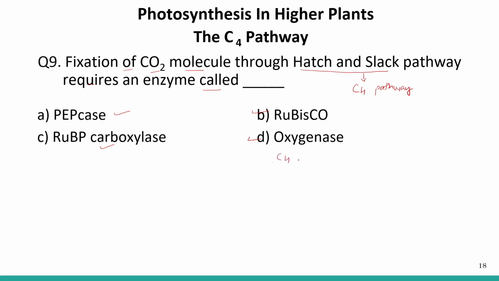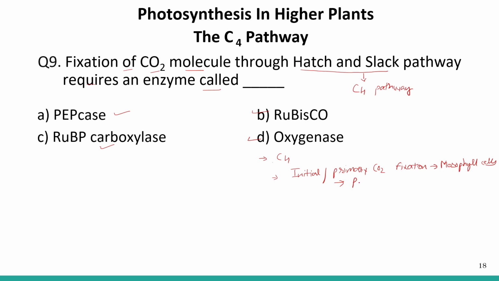Okay, let's talk about the C4 pathway again. So the initial or the primary carbon dioxide fixation, okay, first of all, it takes place where? It takes place in the mesophyll cell. Okay, and which enzyme is involved?